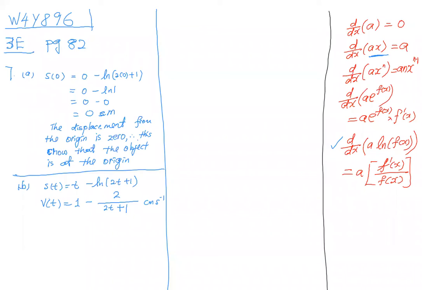Okay, so I want to give you some other things for part B. So if I have a question asking, find the average velocity in the first 3 seconds, for example.